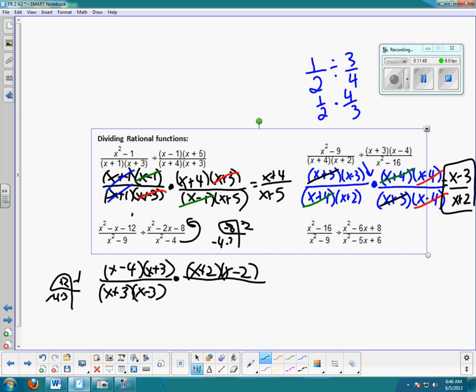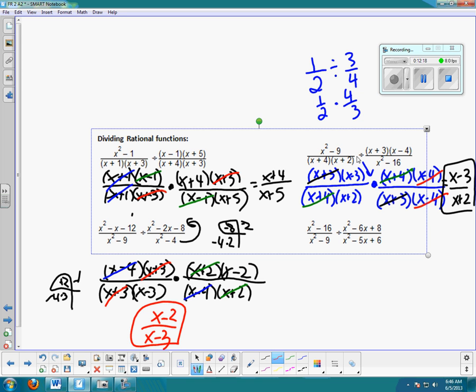So those are negative 4 times 2. And so that would be x minus 4 and x plus 2. And so we're going to go ahead and cancel all the common factors. So I see x plus 3's, I see x plus 2's, and I see x minus 4's. And so what we have left over on the top is x minus 2, and what we have left over on the bottom is x minus 3. And that would be our answer.